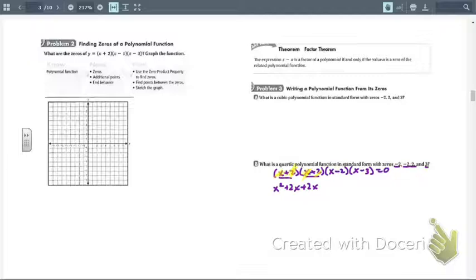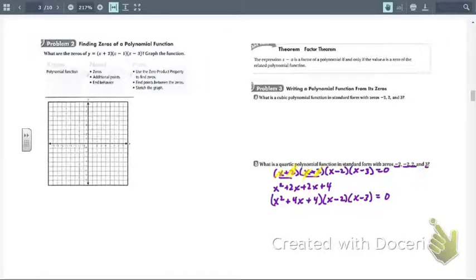And then last, 2 times 2, positive 4. So that becomes x squared plus 4x plus 4. And then we have to multiply by x minus 2 and x minus 3 still.